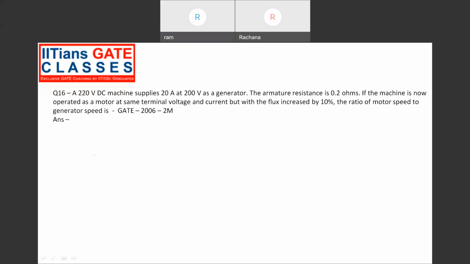This is the same as the earlier question, but earlier there was no change in the flux, whereas here they have specified that the flux is increased by 10%.